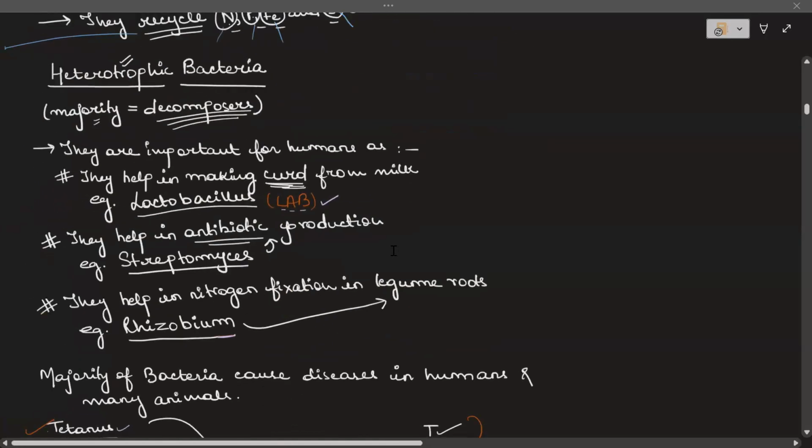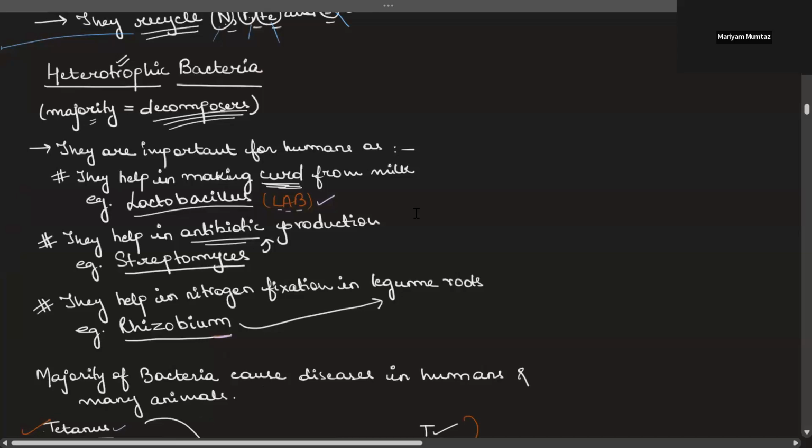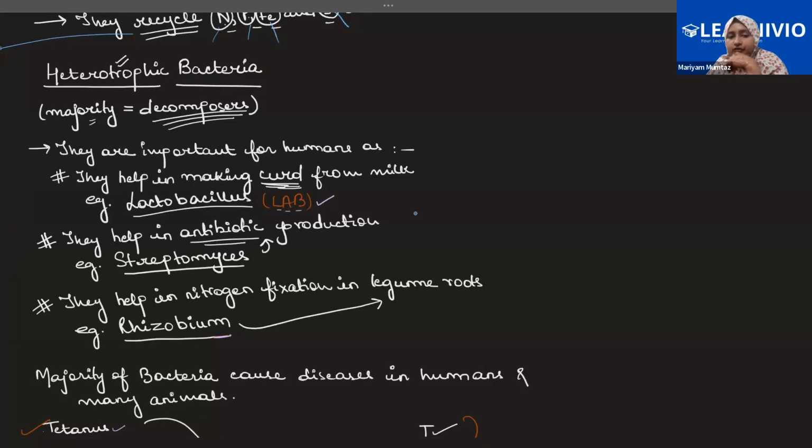Okay, now continuing, we'll be talking about the heterotrophic bacteria. As I said, the heterotrophic mode of nutrition is the one in which the organism cannot make its own food. The majority of heterotrophic bacteria are decomposers, meaning they feed on dead and decaying matter.